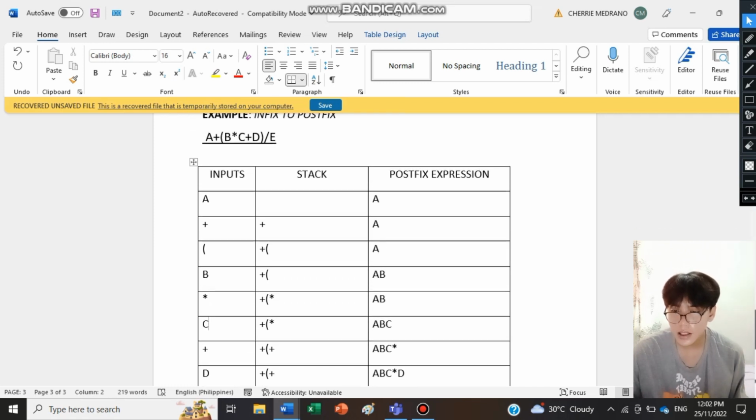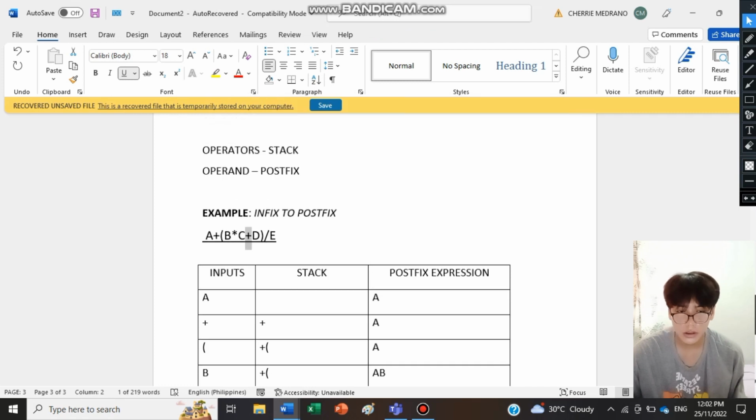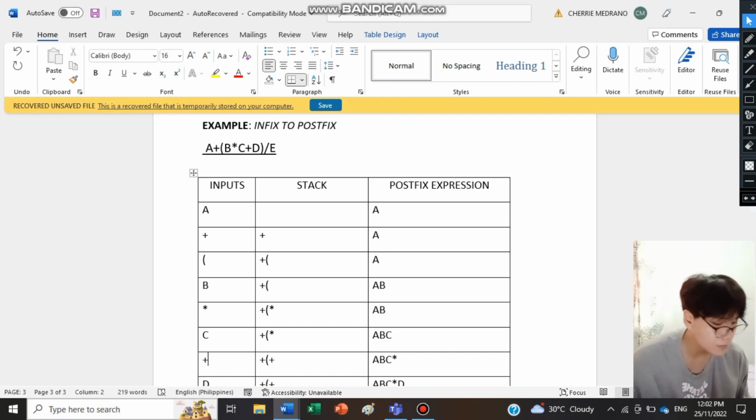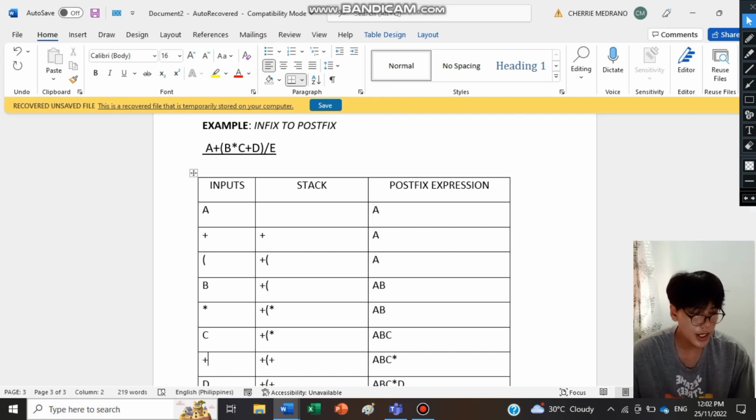Next is the plus operator. Since it's an operator, we're going to store it into our stack column. So now we have plus, parentheses, plus.